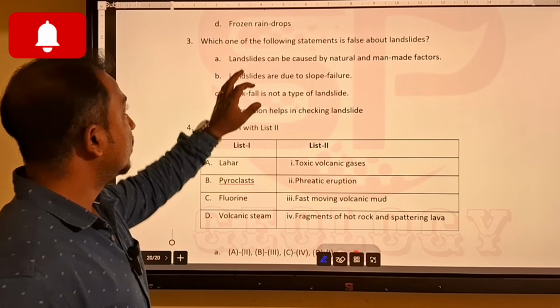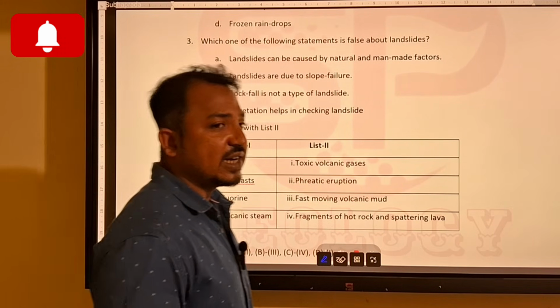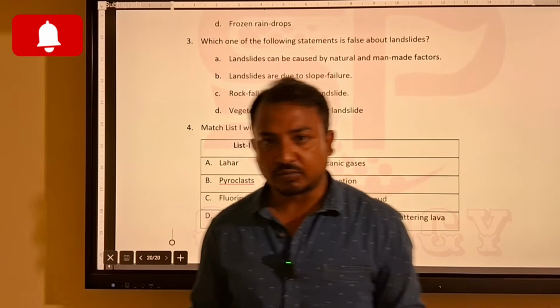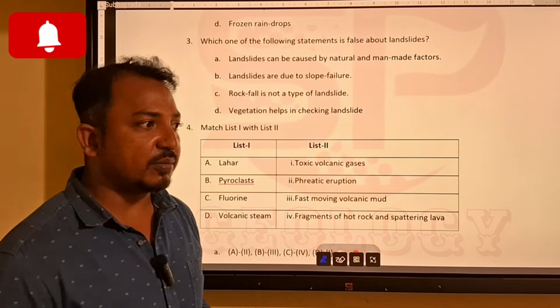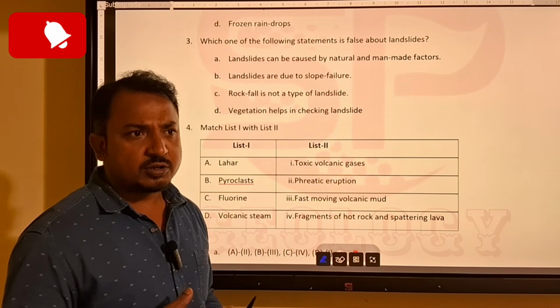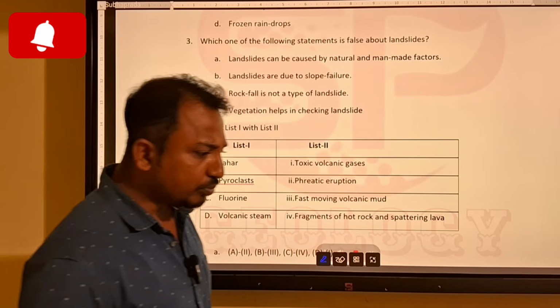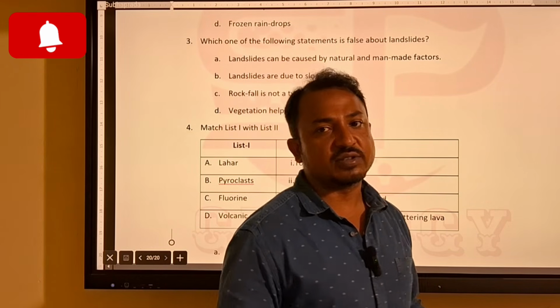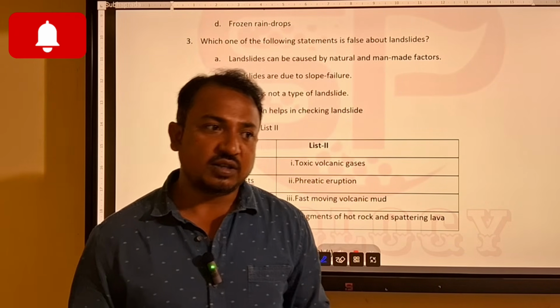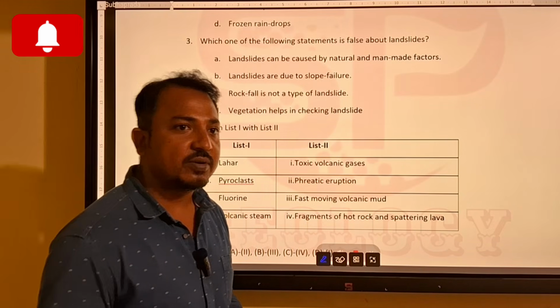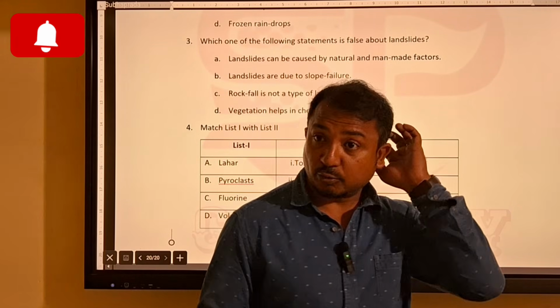Let's come to this question. Which one of the following statements is false for landslide? Landslide is a mass shifting process where mass or sediments, dry or filled or mixed with water, flow downward with the help of gravity. That occurs because of slope failure.